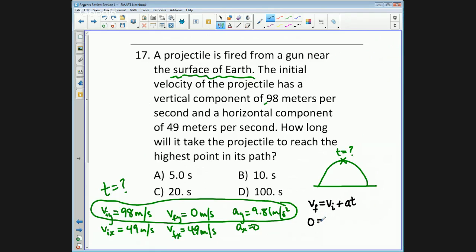So that's 0 equals our initial speed is 98, our acceleration is 9.81, and our time is what we're solving for. We're going to do the math here, and we're going to get t is approximately 10 seconds. Okay, so that answer would be B. Is that correct? Yep, that's correct. Okay.